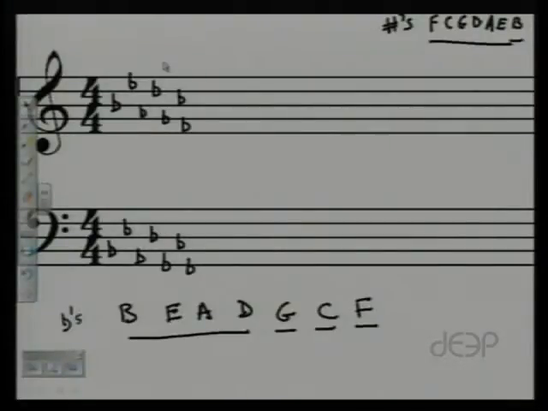BEAD, good, clean, fun. Okay? So that's your key signatures.